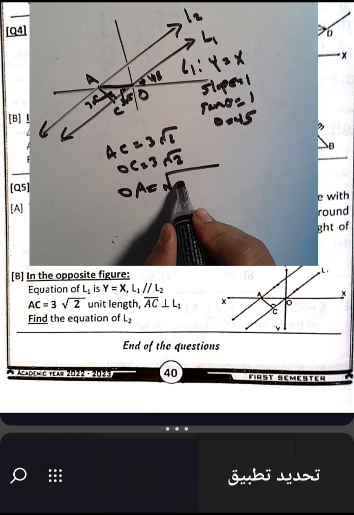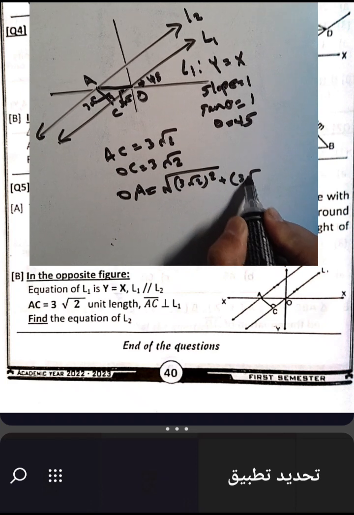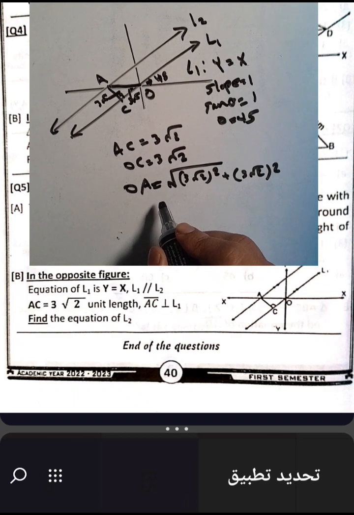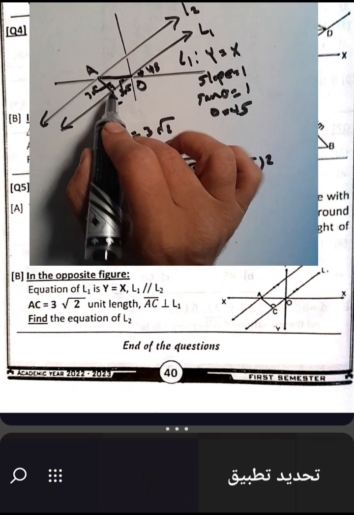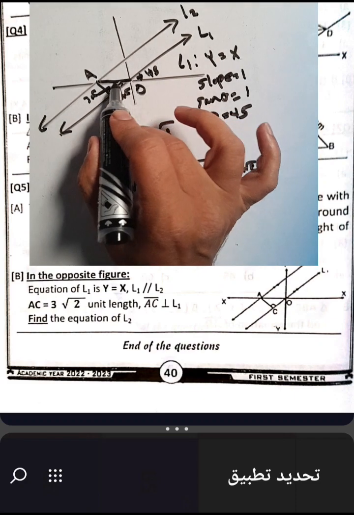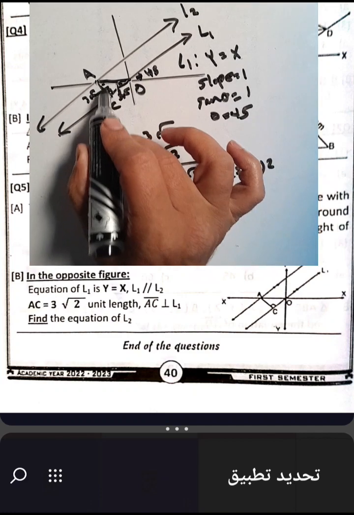It will be 3 root 2 power 2, and here 3 root 2 power 2. Because it gives us EC, and AC equals CO, because we have an isosceles triangle, because this angle is 45 and this angle is 45. Then this part equals this part.